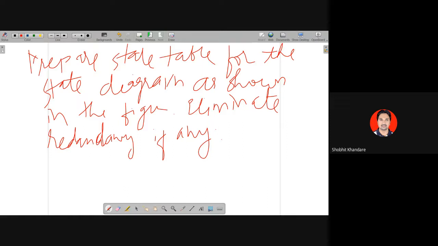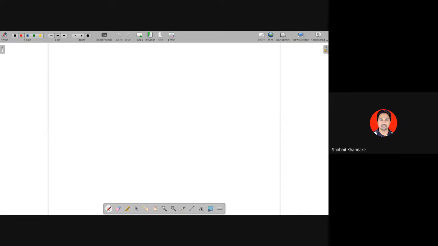We will draw the state diagram which is given. Shall I draw the state diagram? Have you written the problem, everyone? Yes, sir. Okay, now we will draw the state diagram. Please draw along with me and be careful while drawing. State A, state B, state D, state F. State C is here.